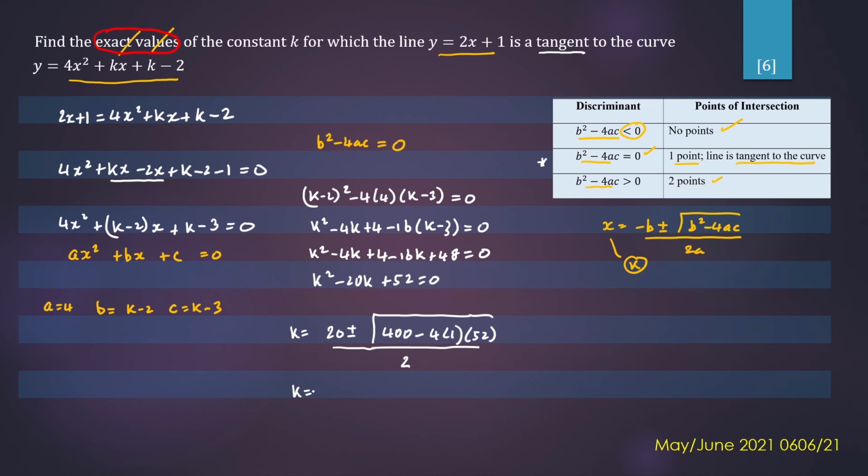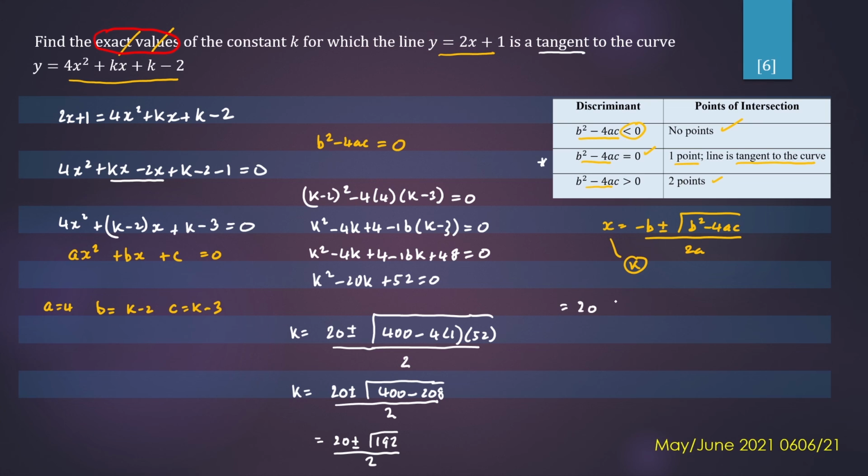So this reduces to 20 plus or minus root 400 minus 208, divided by 2.